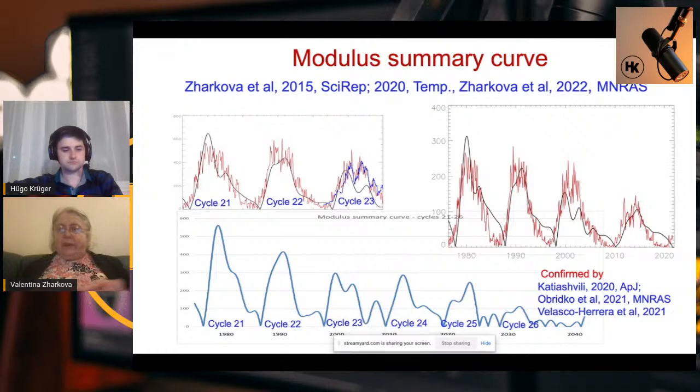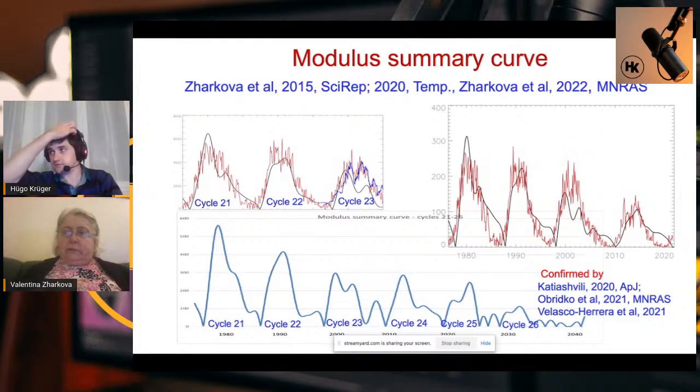We found a very close correlation with the flare activity. So this was published in 2022. This principal component analysis allowed us to define separate components of the magnetic field and find the links of each component to separate magnetic events on the sun.